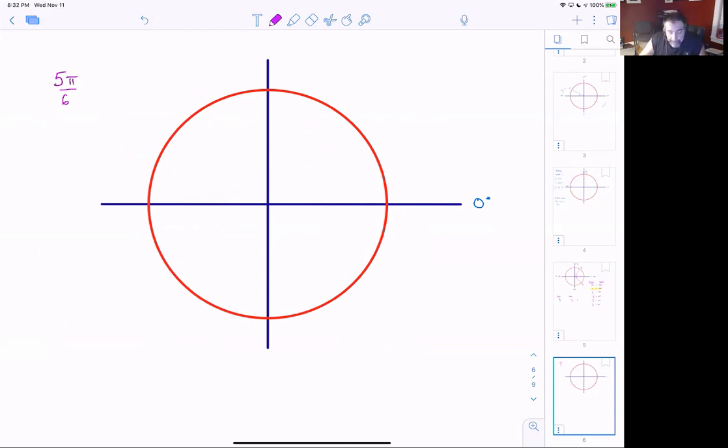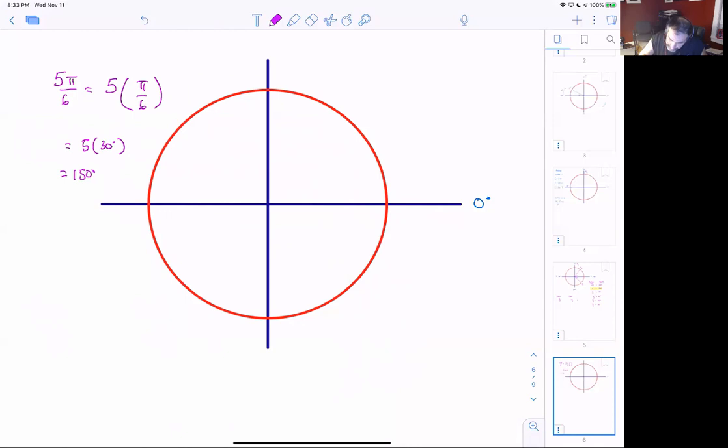Instead of saying 5 pi over 6, I like to think of it as 5 pi over 6s, because I'm going to remember that pi is 180, so a pi over 6 is a 30. So this is really 5 times 30 degrees, and that's going to get me 150 degrees.